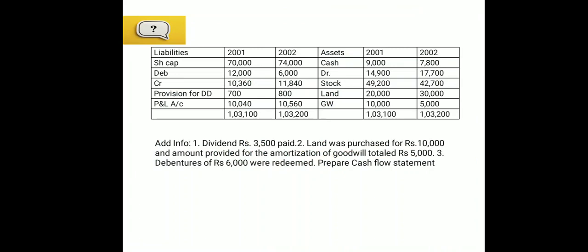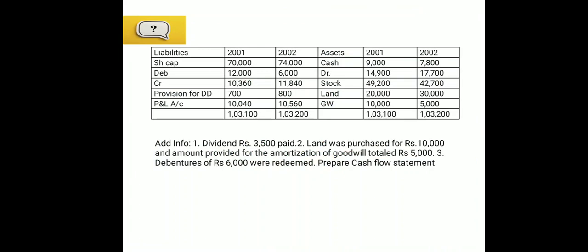Then continuing, the amount provided for the amortization of goodwill totaled rupees 5,000. Amortization is nothing else but write-off, and that is also visible from the balance sheet, 10,000 and 5,000. So 5,000 is your write-off. Again this is a repetition of information. Kindly don't get confused.